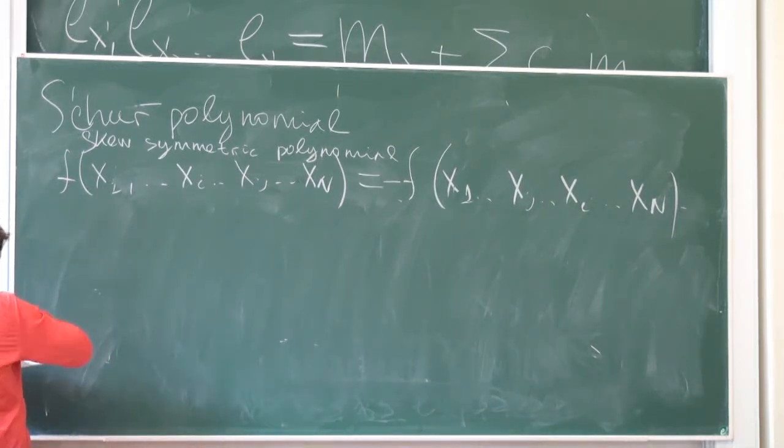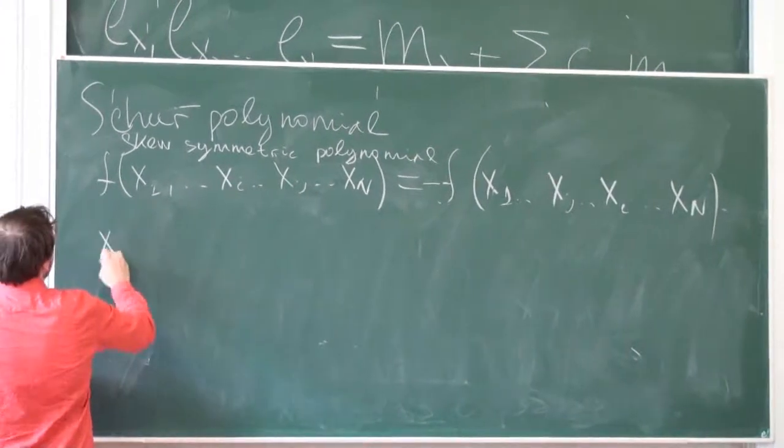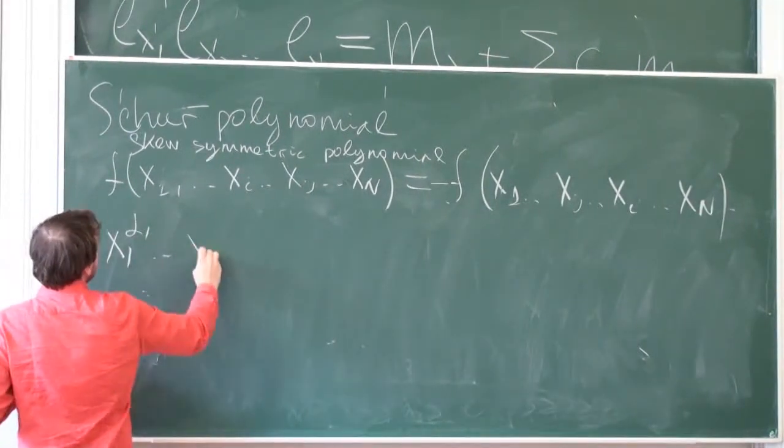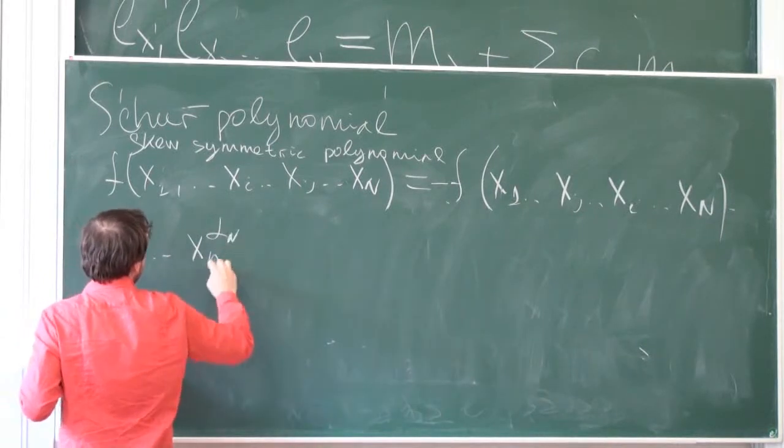You take some monomial, x1 to the power alpha 1 through xn to the power alpha n.